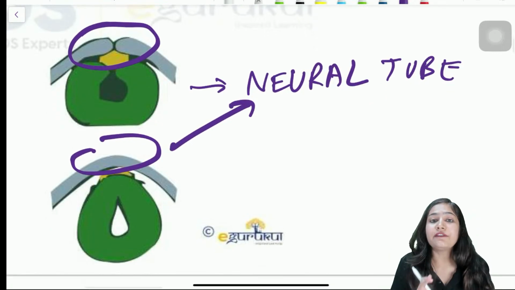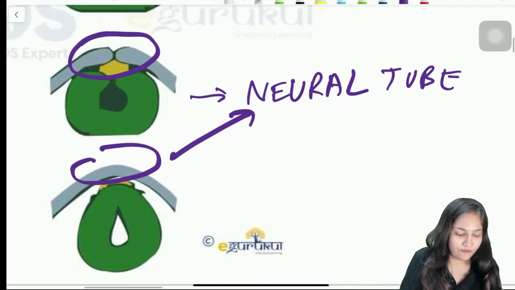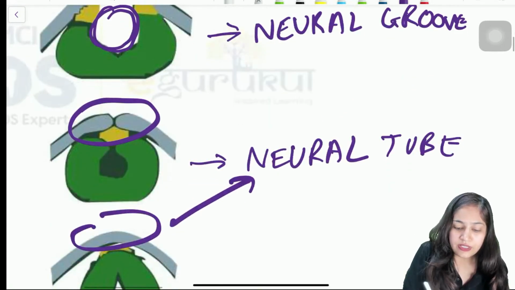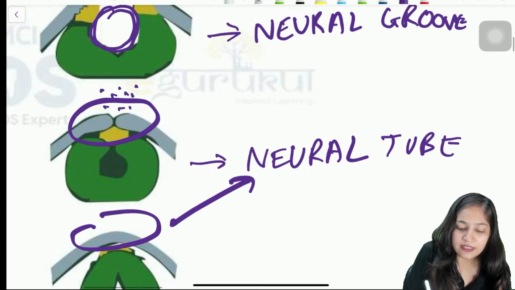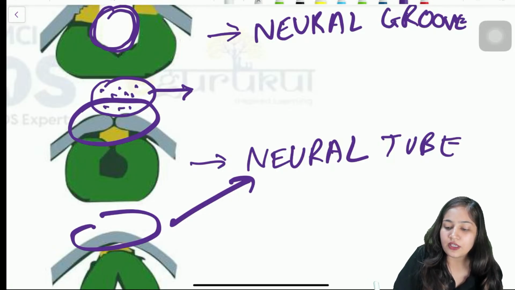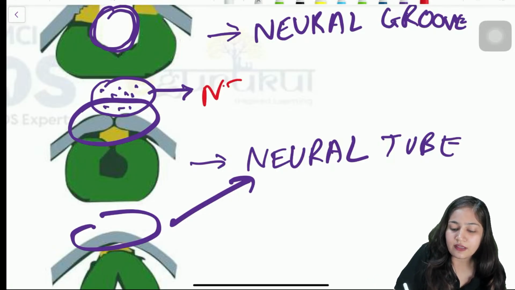Some cells get differentiated at the crest of the neural fold. Okay. So here you can see a cluster of cells. These cells get differentiated at the crest of the neural folds. These cells are our neural crest cells.